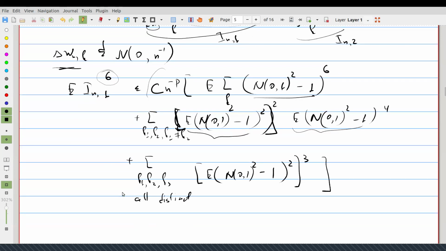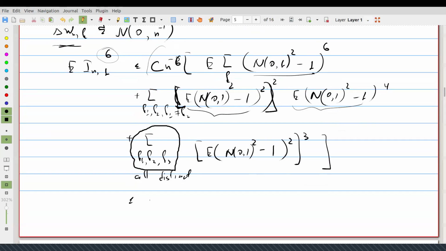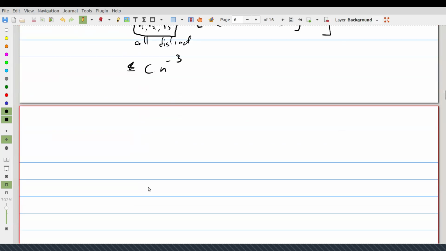And the greatest number of terms is contained in this sum. So it's less than some constant n to the power -3. So there are like n cube terms. It's less than, but still.